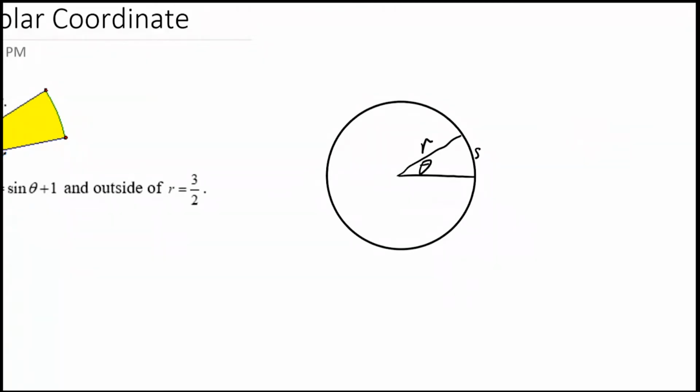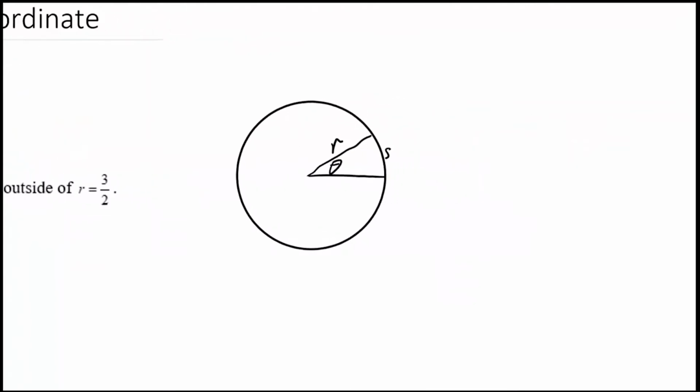Let's review arc length S. Arc length is R theta, and this is where it comes from. Do you see theta to 360 is the same ratio as S to the circumference? Do you see that? So your S is equal to theta over 360 times the circumference. You with me?